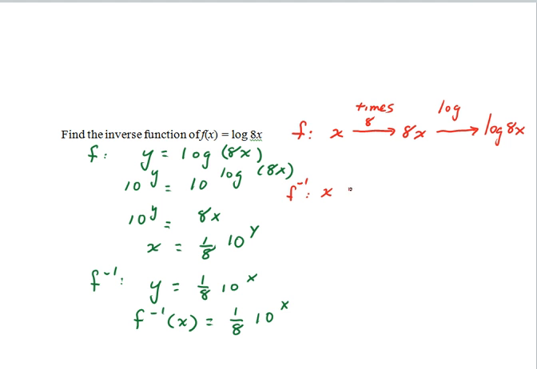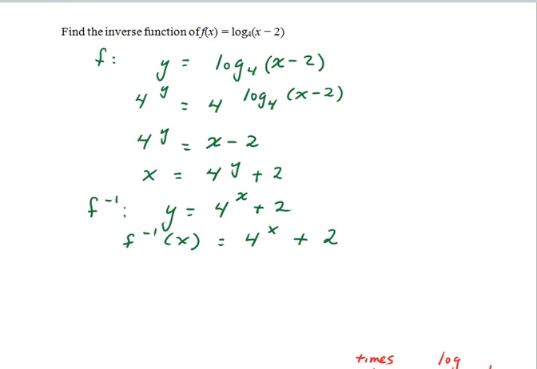So where there was a log, there will be an exponentiation base 10. So our first step will be 10 to the x. And where there was a times 8, there'll be a divide by 8, or multiply by 1/8. So we'll get 1/8 times 10 to the x. This approach works as long as there's only a single term involving the variable x in the original function.